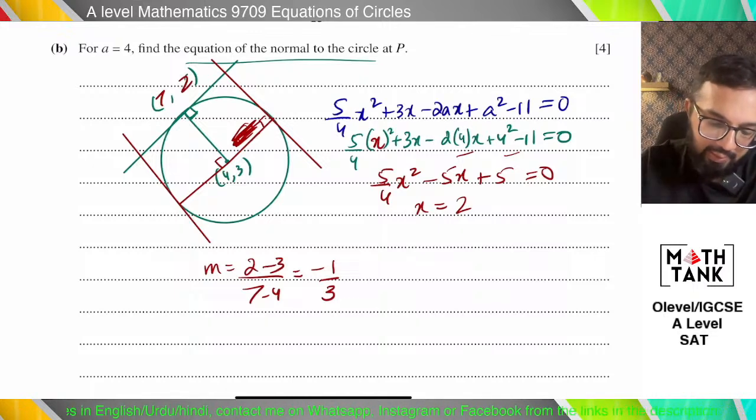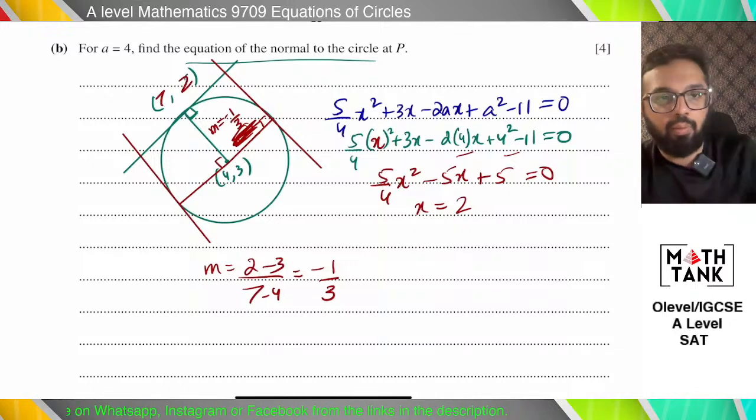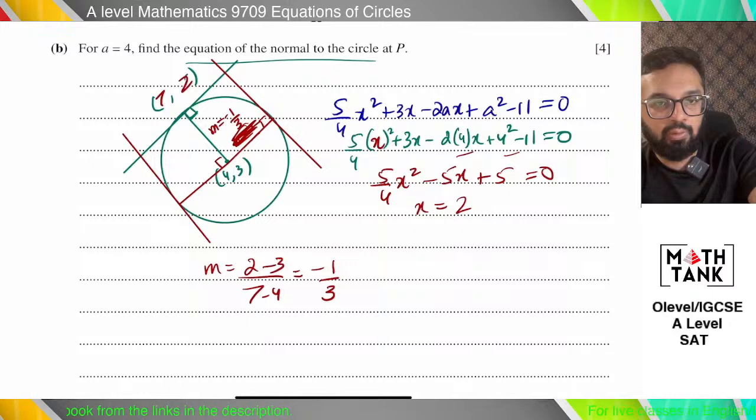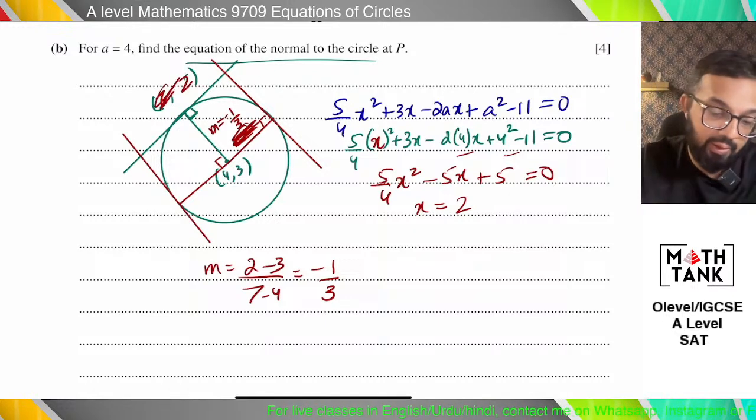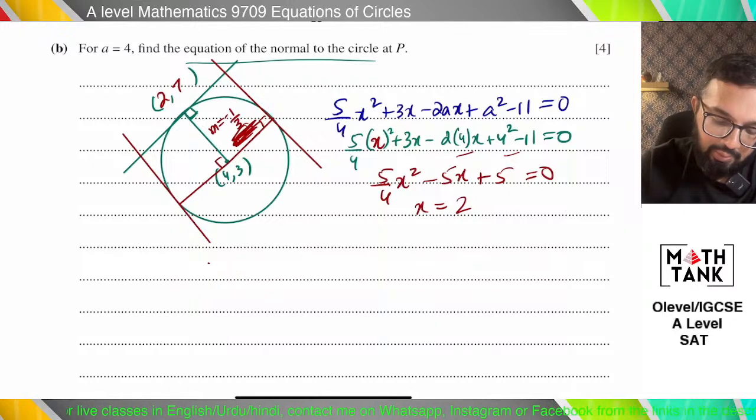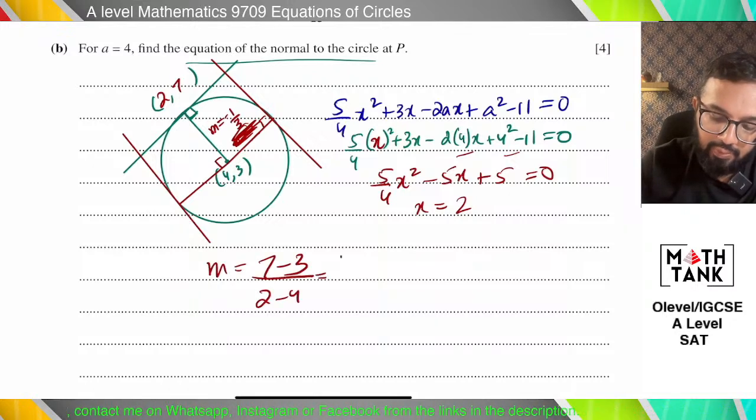So this line has a gradient of minus 1 over 3. Okay, let me check if that is correct now. Oh, I've written it the other way around. What am I doing? 7 minus 3 and 2 minus 4.